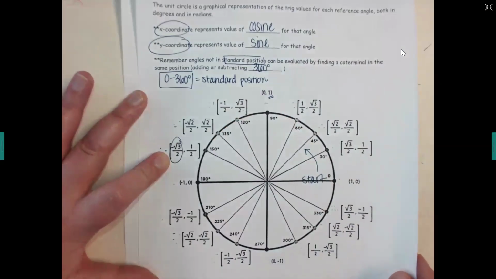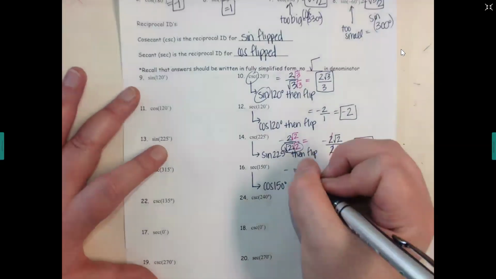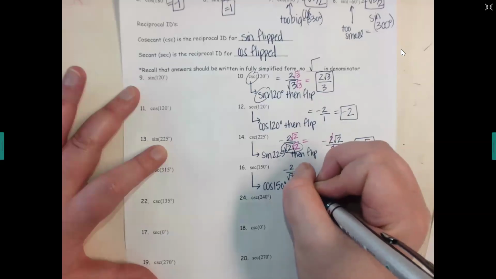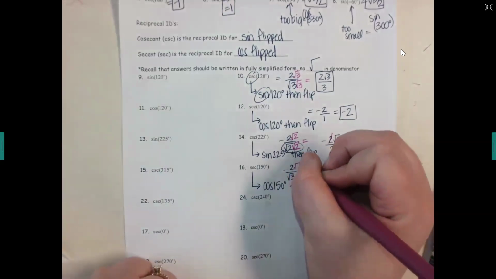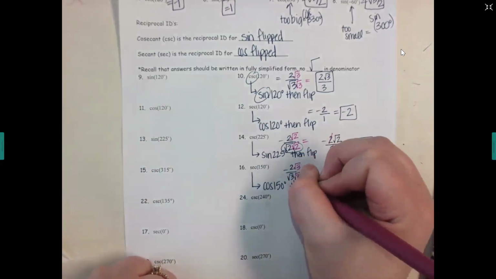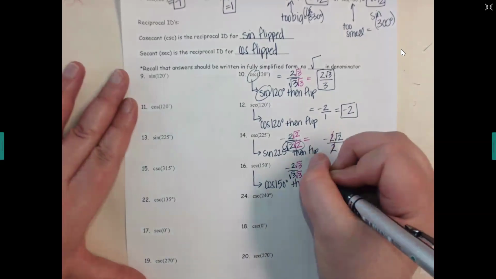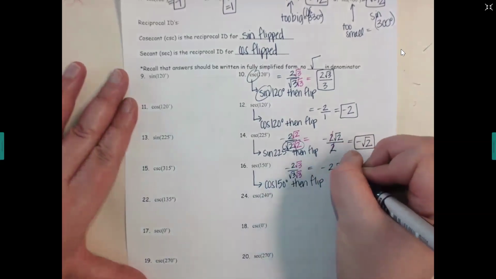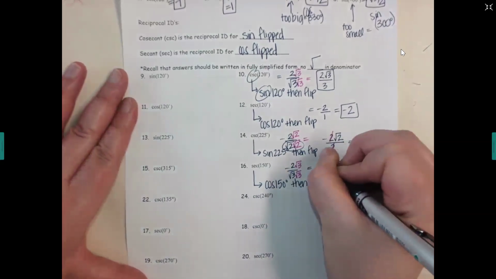So instead of negative root 3 over 2, I'm going to do negative 2 over root 3. And then I see, oh, look at that. My root 3 is on the bottom. Got to fix it. Okay, put that here and here. So negative 2 root 3 over 3 would be your final answer.